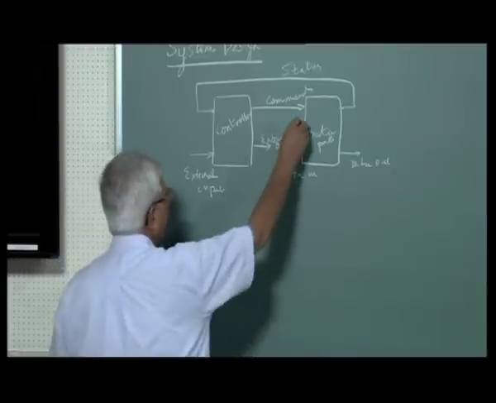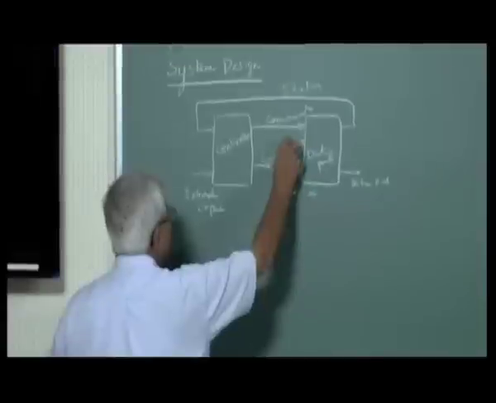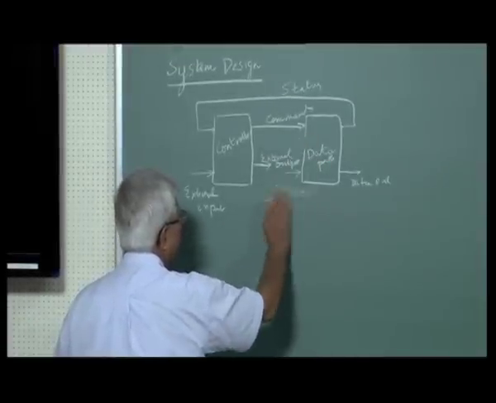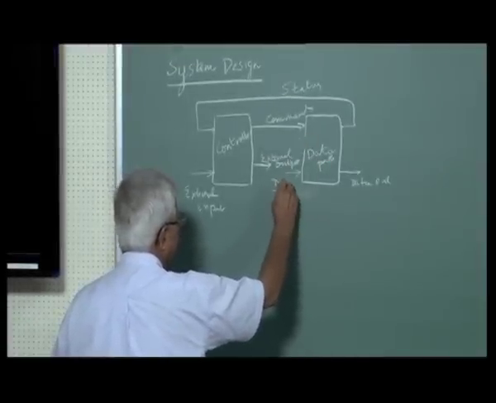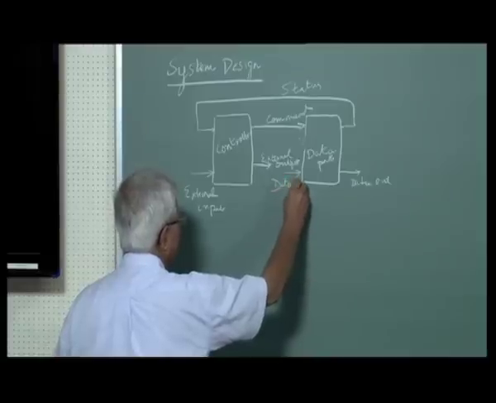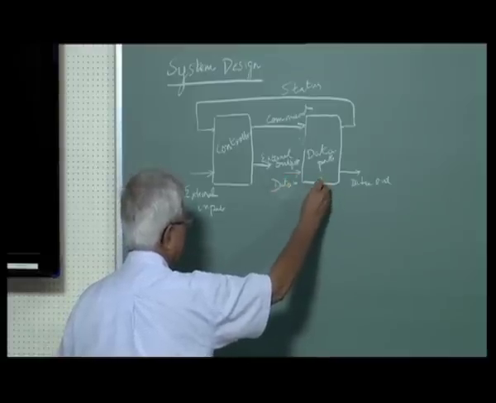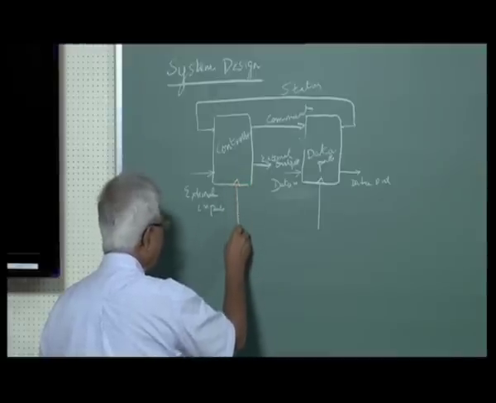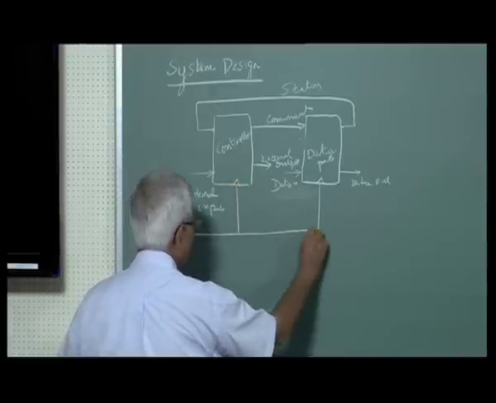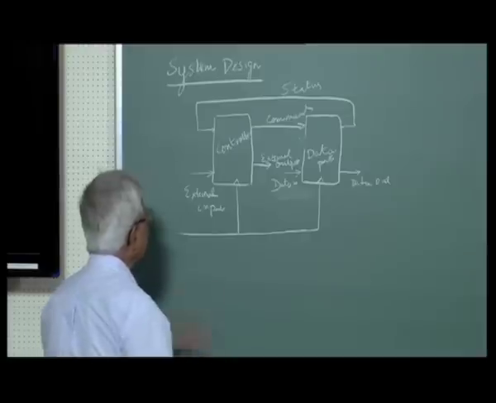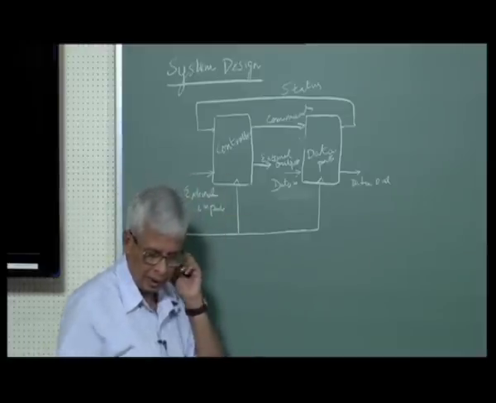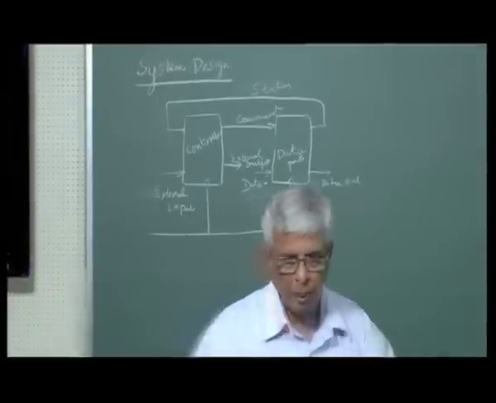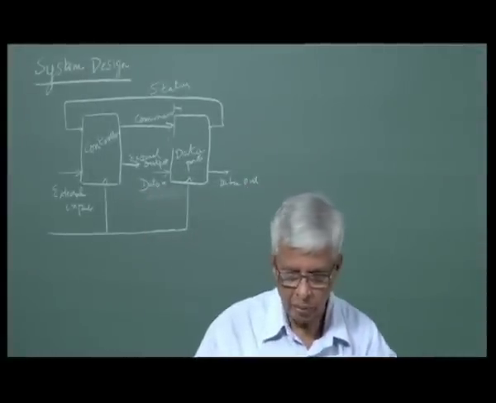So this is driven by a clock. I will write the clock here. There will also be a clock here. See, the clock is not exclusive to the data path, because the controller, as we saw in the last lecture, also has flip-flops, which are driven by combinational logic.